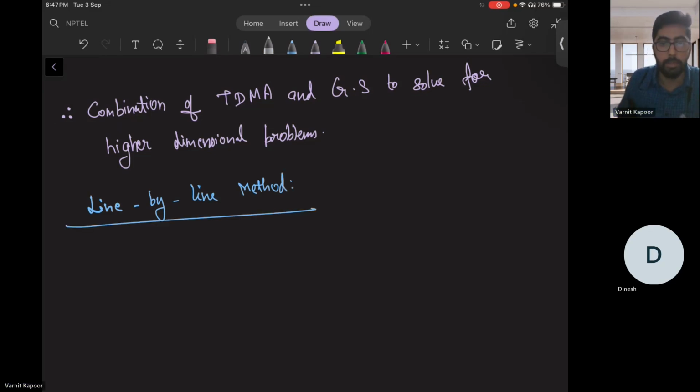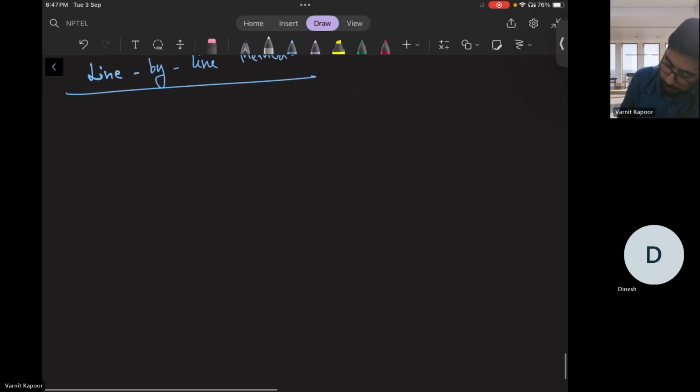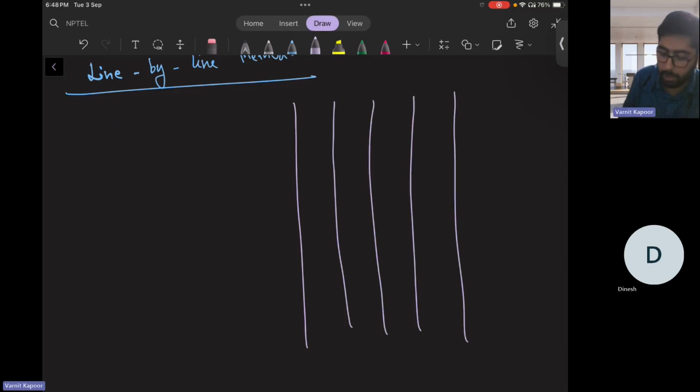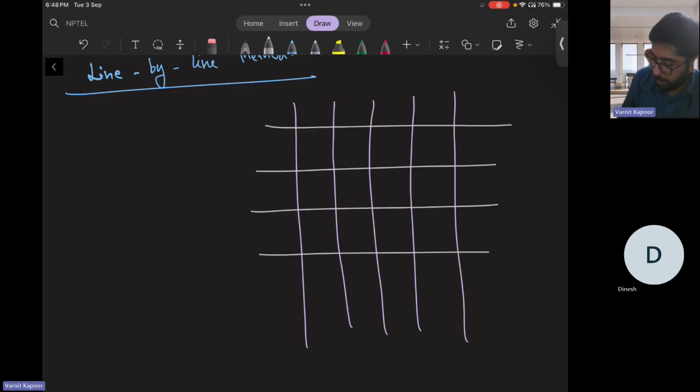Line by line. So here, suppose you have a grid, the purple grid, and horizontally I'm making with the white color.